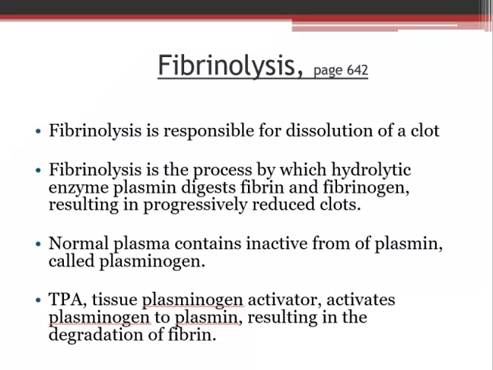Normal plasma contains an inactive form of plasmin called plasminogen. But a tissue plasminogen activator called TPA activates plasminogen to plasmin, resulting in the degradation of fibrin.